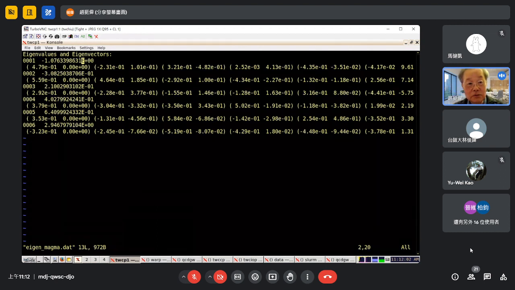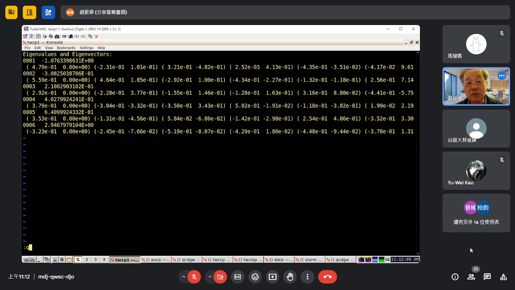But if you have a larger matrix, then you will see the difference, because the numerical error accumulates due to different processes of the computation.